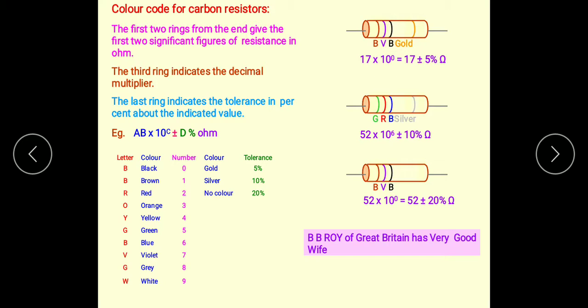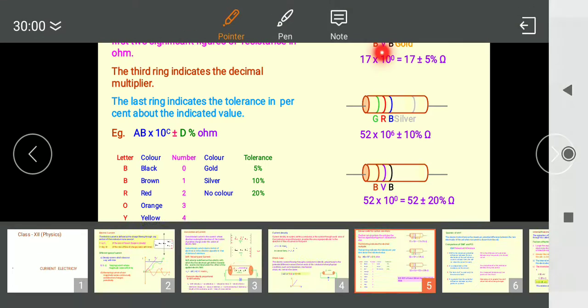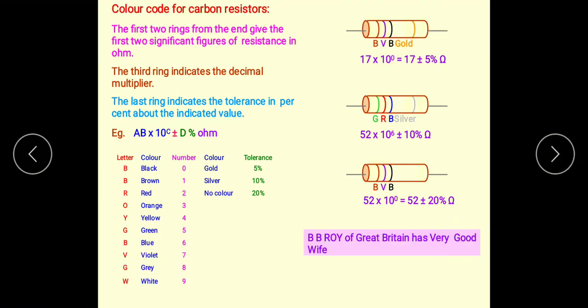Here we have given the example BVB. These colors are the specifications for the value of the resistance.